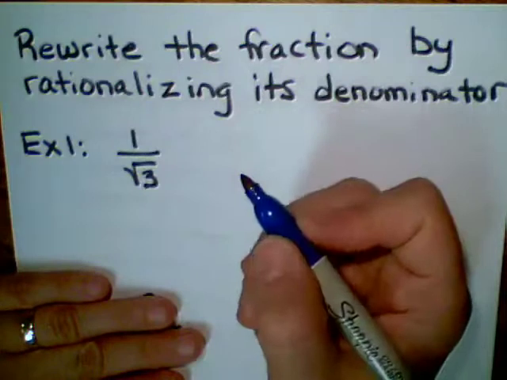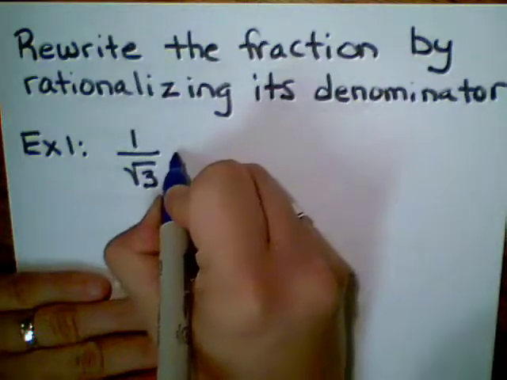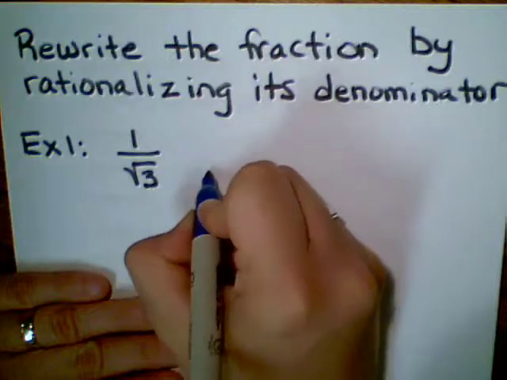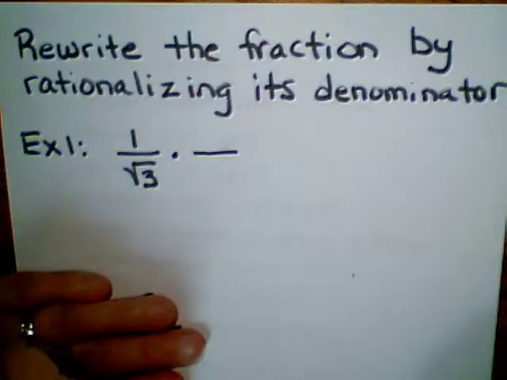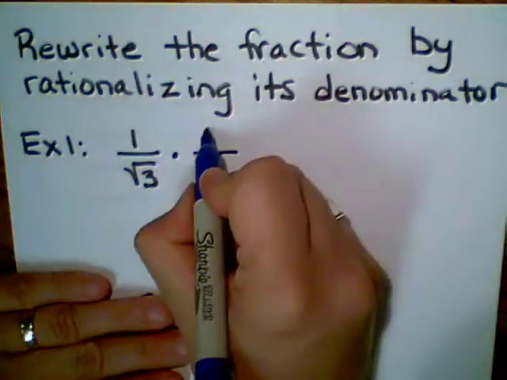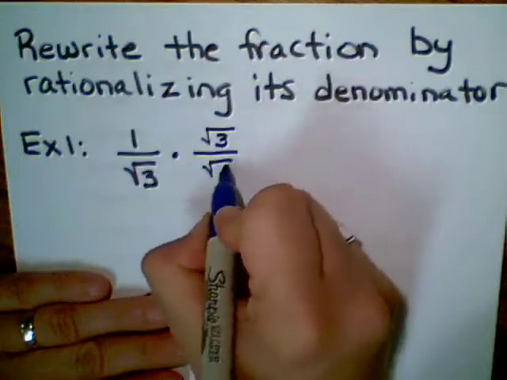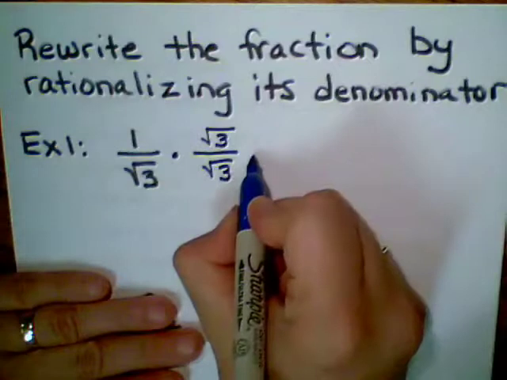Well, we don't want to change the value of this fraction, so we're only allowed to multiply by 1. We're going to multiply by some number over itself, some number that's going to be convenient, and it turns out that multiplying by square root 3 over itself is the most convenient choice.